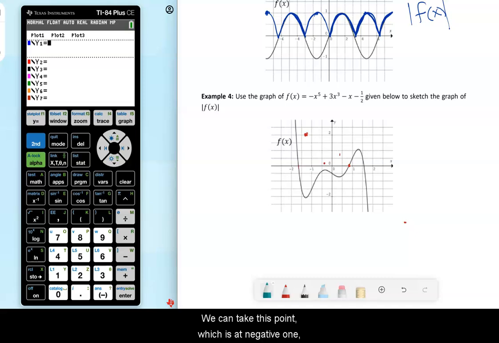We can take this point, which is at -1, -1.5 perhaps, and we can flip it up here to that, so we can get the shape of what the graph is going to be doing as it heads towards that red mark. Perhaps maybe this point might be a good one to graph also as we reflect it across the x-axis. It looks like it's at -1/2 on the y.